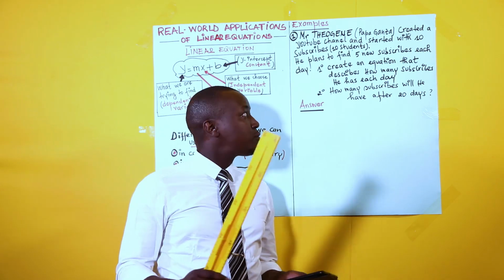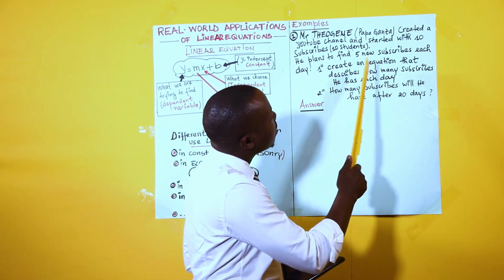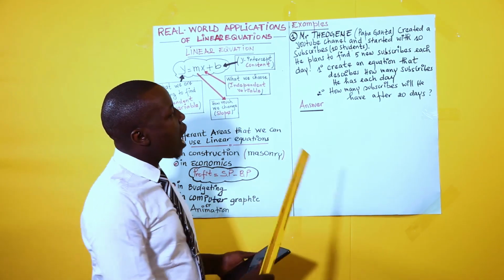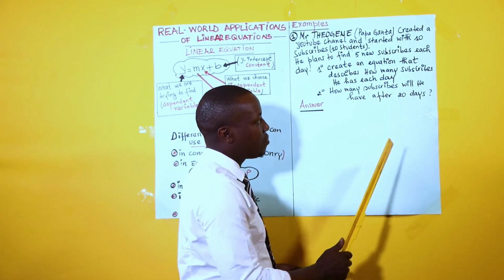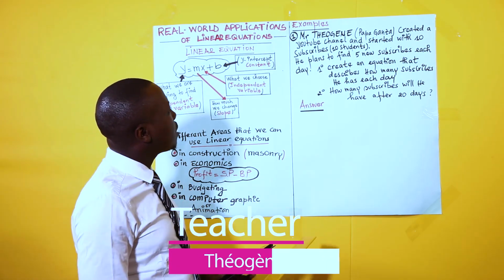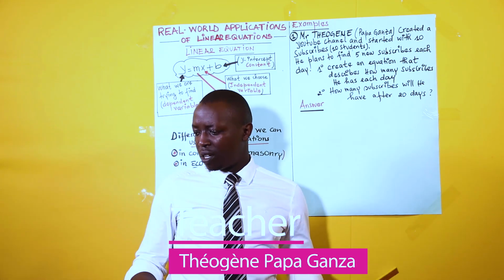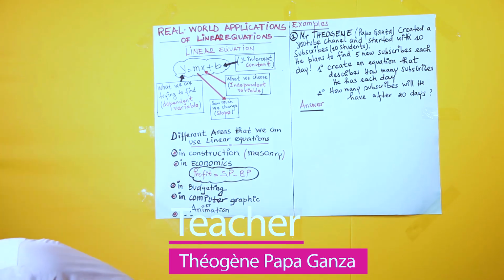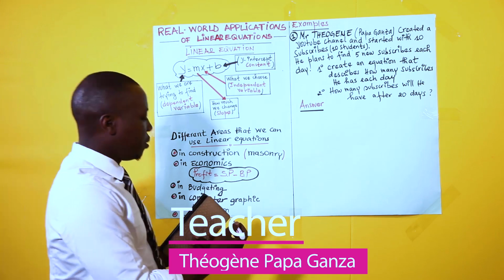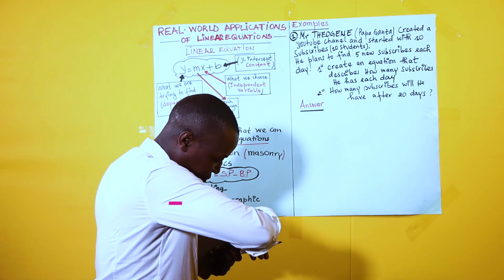Secondly, how many subscribers will he have after 20 days? This is the first example that we are going to solve together. First of all, you have to understand this one.